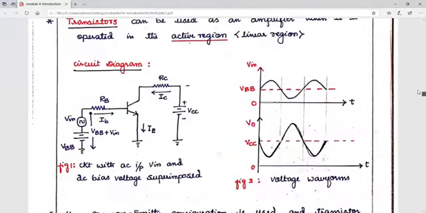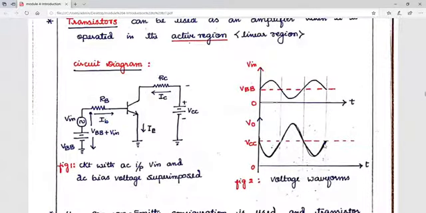So if you see here, the input voltage will induce an IB current, and we know that IC is beta times IB, so this current will be much larger in magnitude compared to IB. When this current flows through the resistance, IC into RC will produce an output voltage which is an amplified and inverted version.